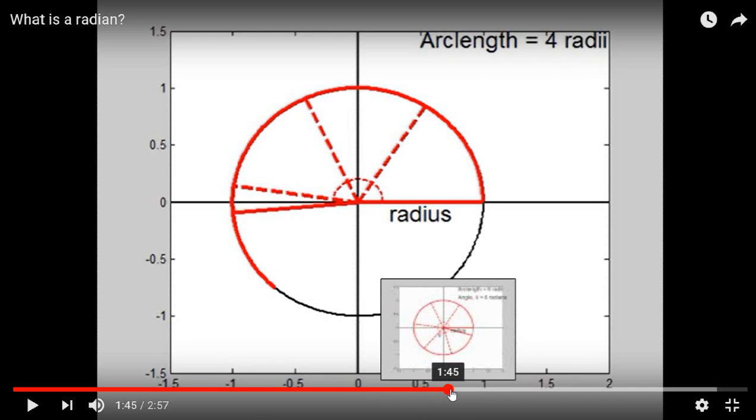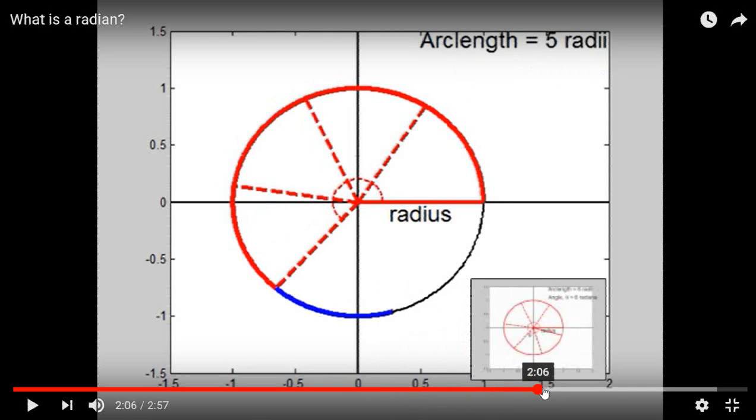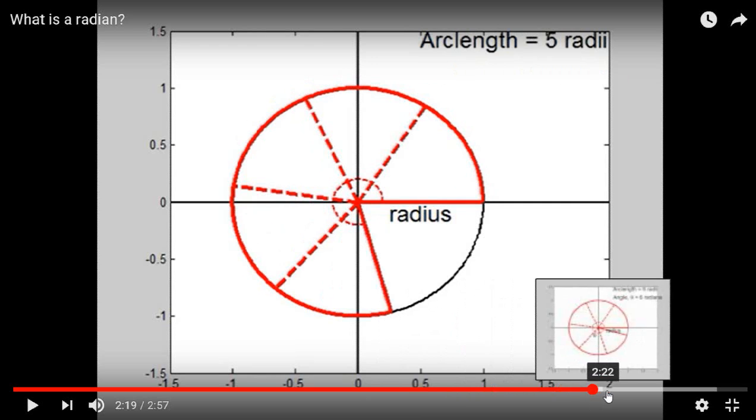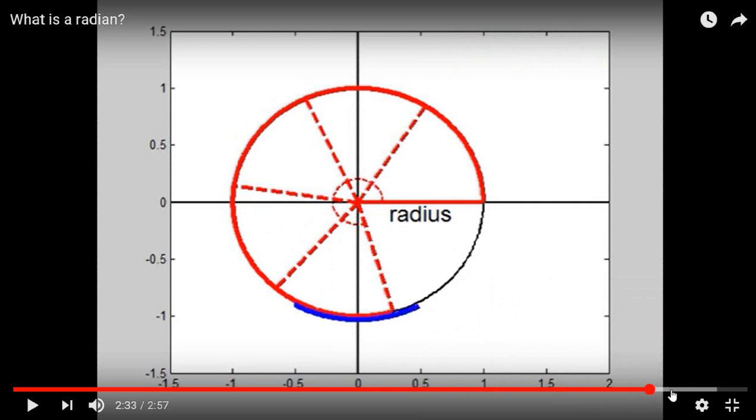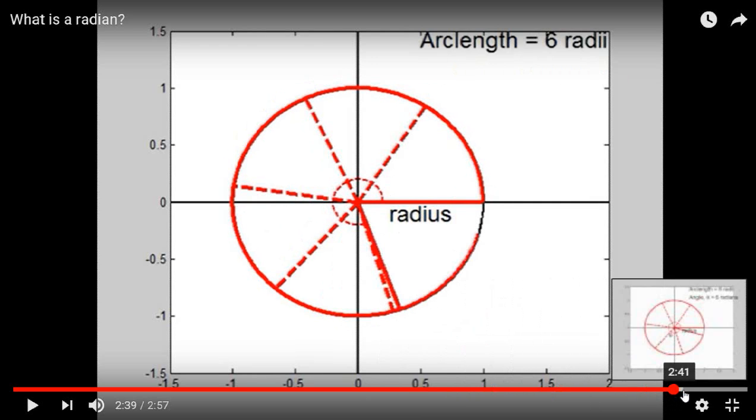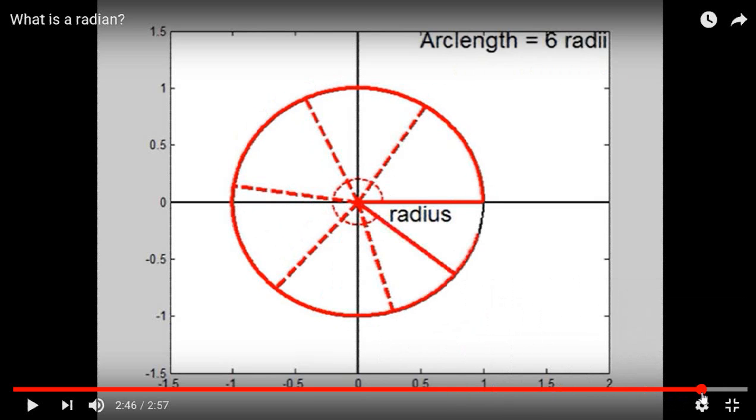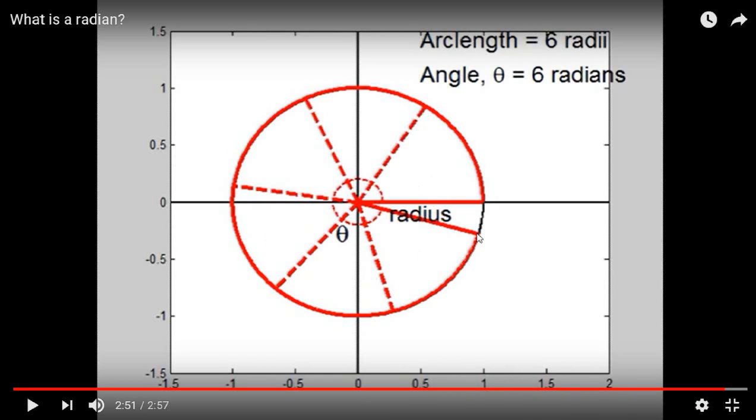We're skipping ahead. Here's 4 radians, 5 radians, 6 radians. Here's 6 radians. Guess how many radians complete one time all the way around? 2 pi, or 6.28. Okay?